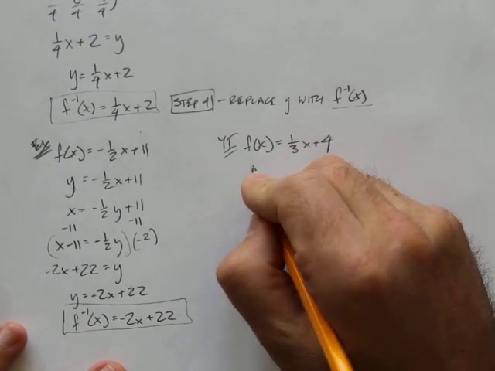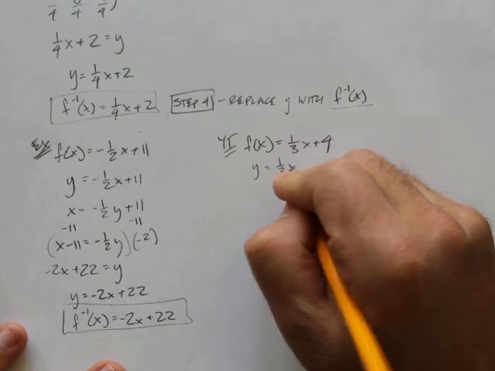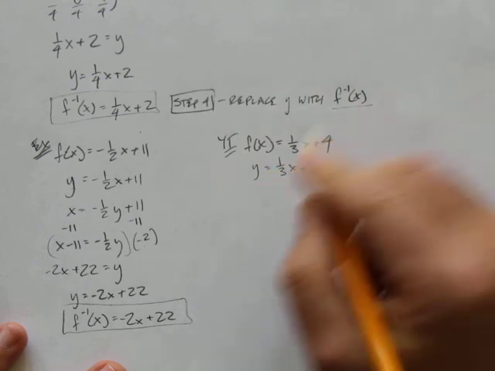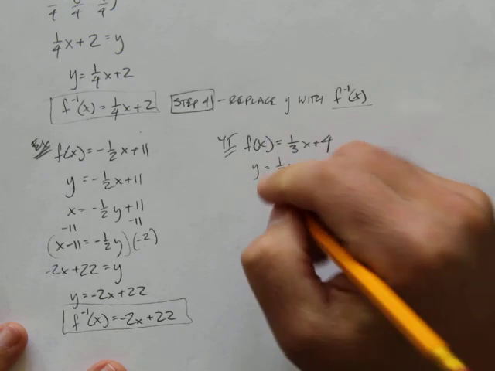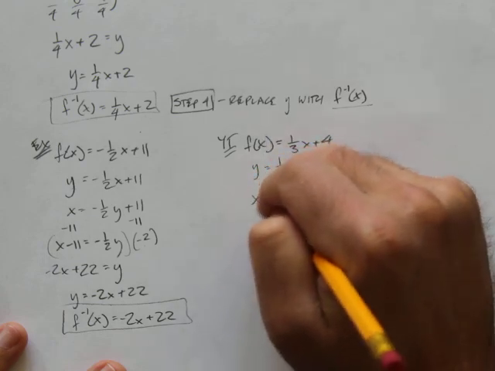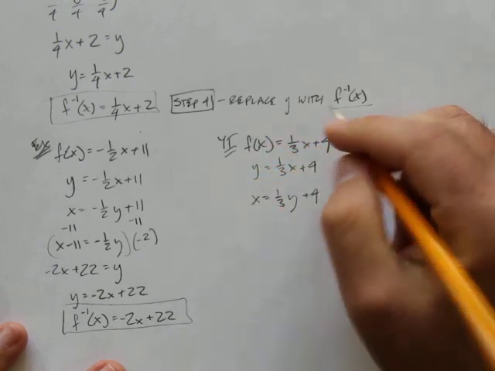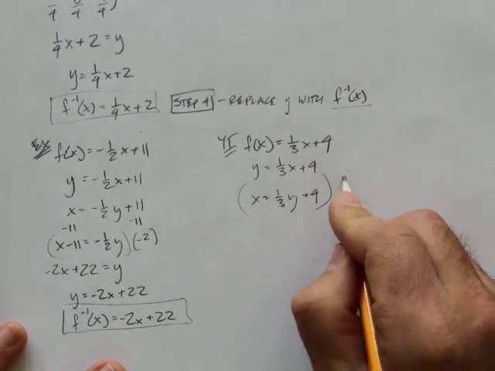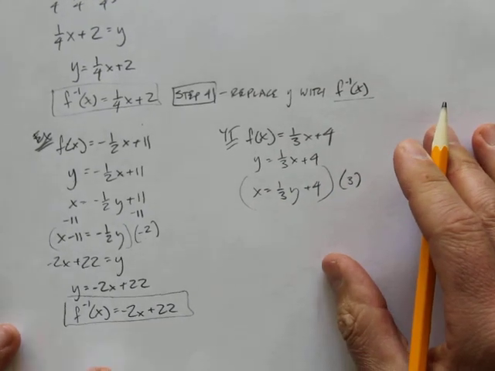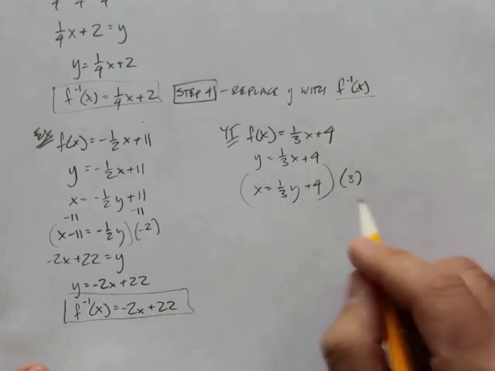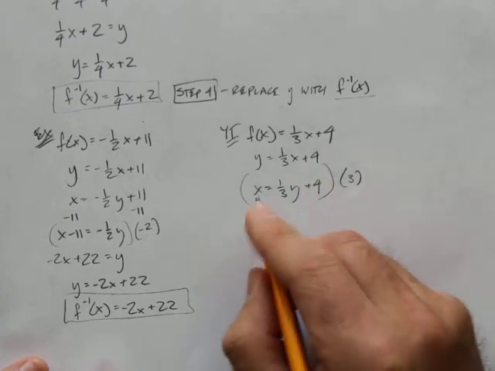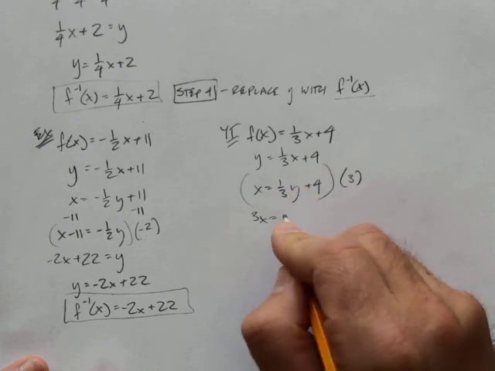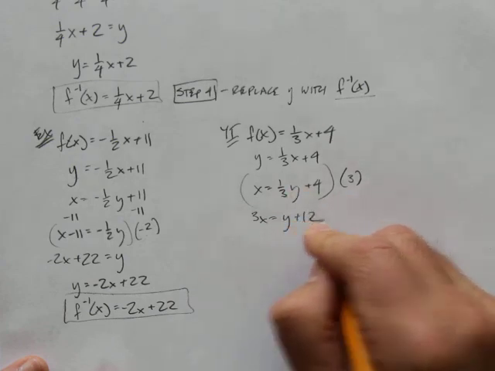I'm going to change this to y equals 1/3 x plus 4. I'm going to interchange x and y. x equals 1/3 y plus 4. I've got to multiply everything by whatever makes this 1y. So I need to multiply everything by 3. Oh, I didn't subtract the 4. That's all right, I can do that in a minute. So I've got 3x equals 1y plus 12.